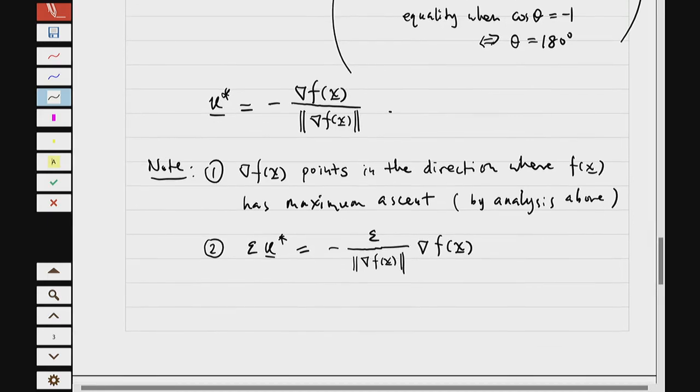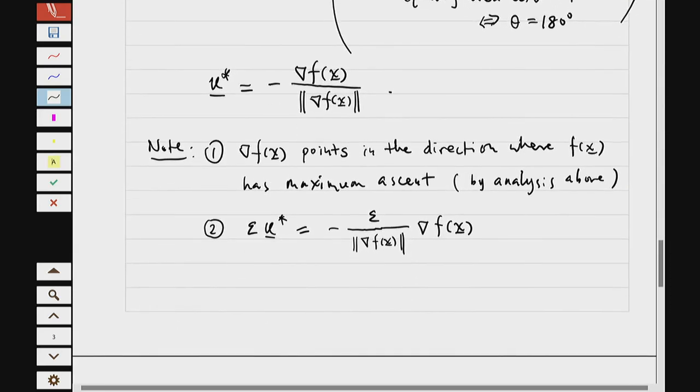So very often, we just take this whole thing in front without the negative sign as the new epsilon. Basically, we merge the norm of the gradient inside together with epsilon.